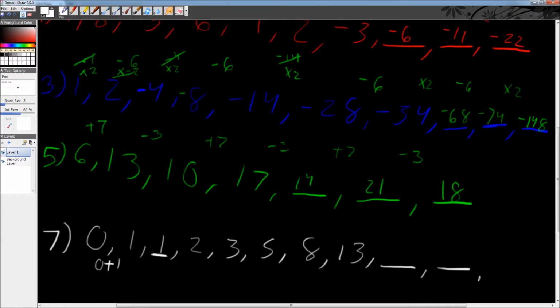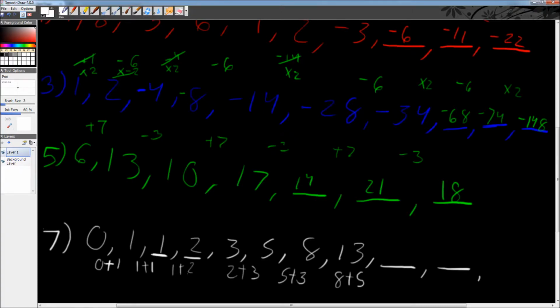Next, how do we get the 2? 1 plus 1 gives us 2. The 3, 1 plus 2 gives us 3. 5, 2 plus 3 equals 5. 8, 5 plus 3 equals 8. 13, 8 plus 5 equals 13.